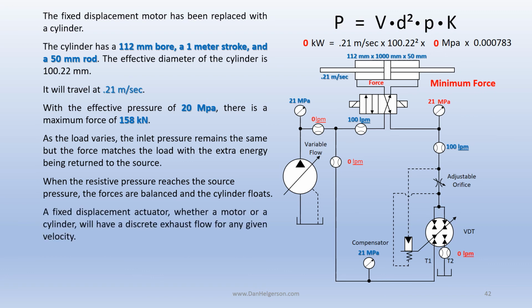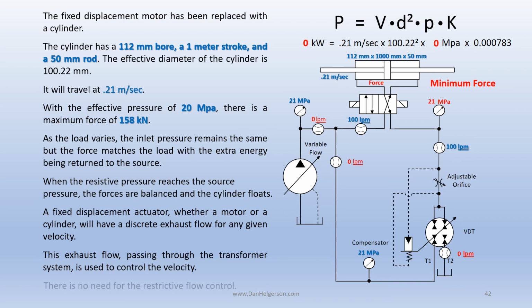A fixed displacement actuator, whether a motor or a cylinder, will have a discrete exhaust flow for any given velocity. This exhaust flow, passing through the transformer system, is used to control the velocity. There is no need for the restrictive flow control.